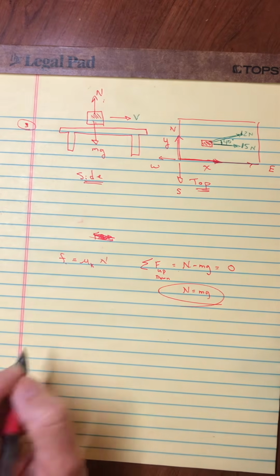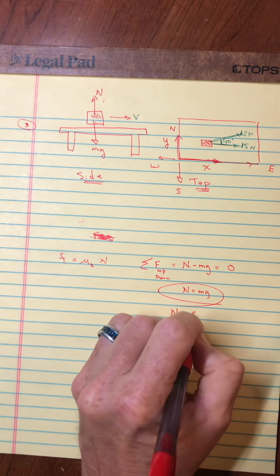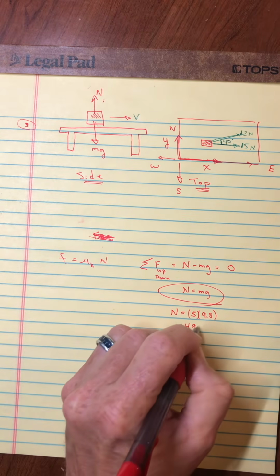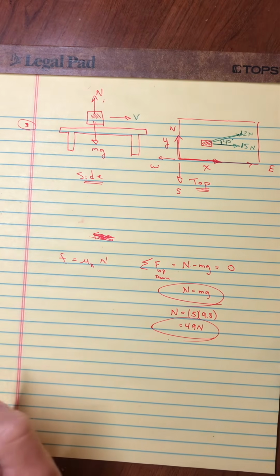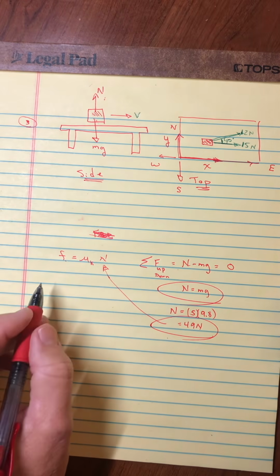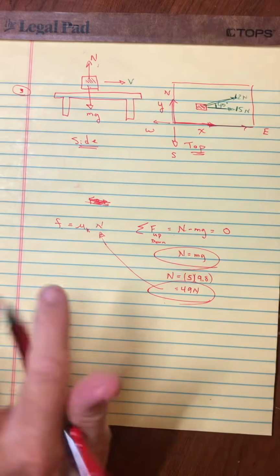So the normal force is mg. And putting in the 5 and the 9.8 comes out to be 49 newtons. So that's one of the pieces I need. And that might be the easier one, as long as you saw a good physical picture.